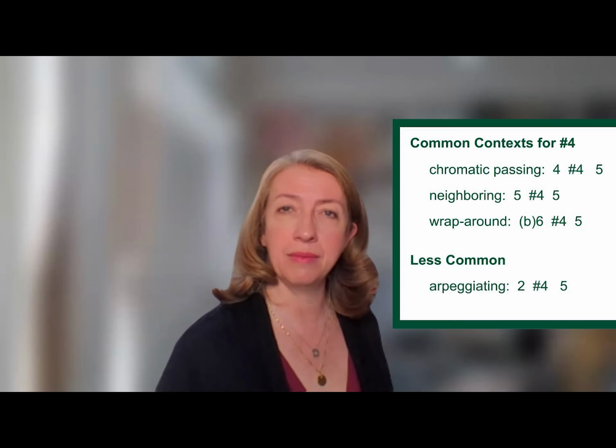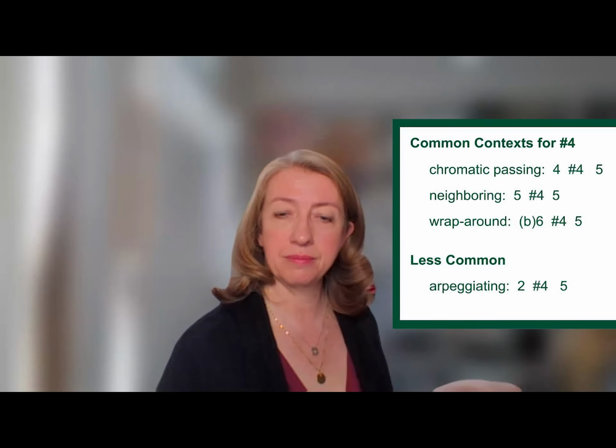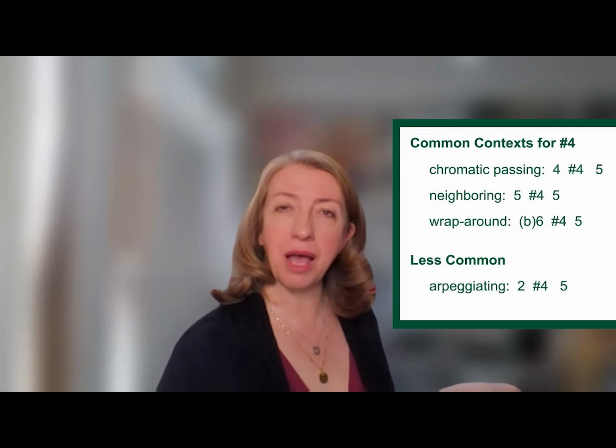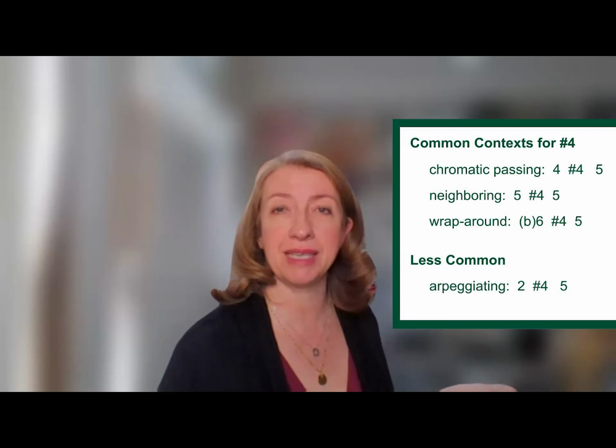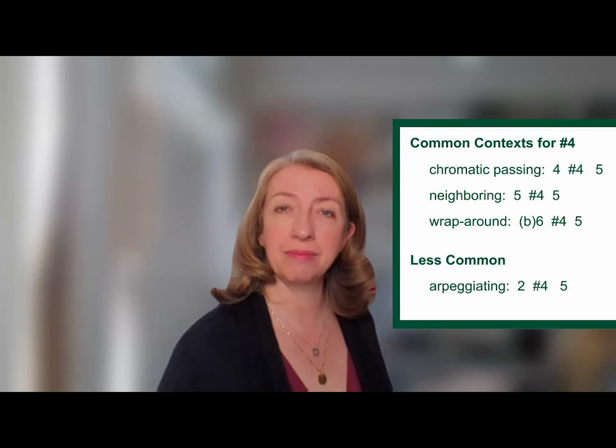Here's 1, and here's lowered 6, sharp 4, 5. And the less common context in which we could find raised scale degree 4 is arpeggiating up from scale degree 2. Here's 1, and here's 2, sharp 4, 5.